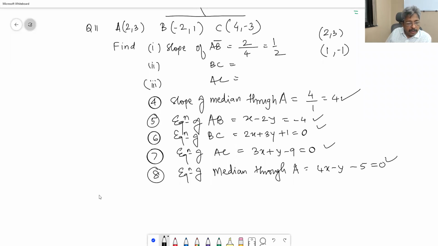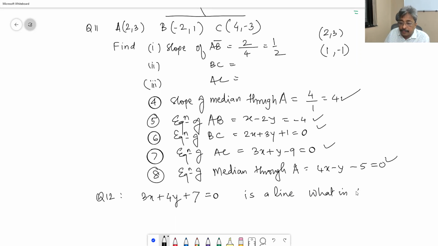So now next question 12: 3x plus 4y plus 7 is equal to 0 is a line. What is the slope?